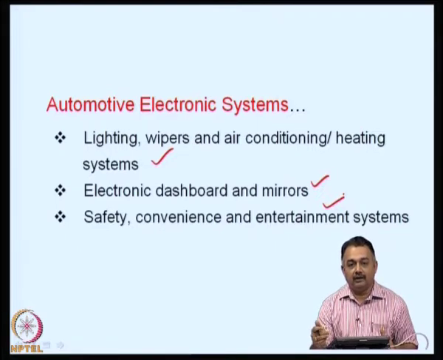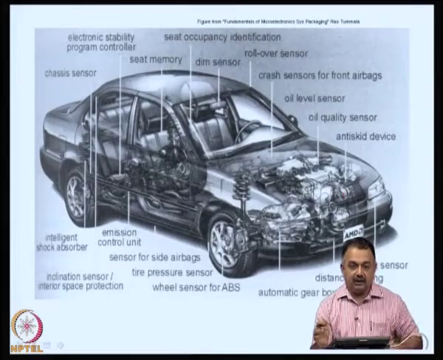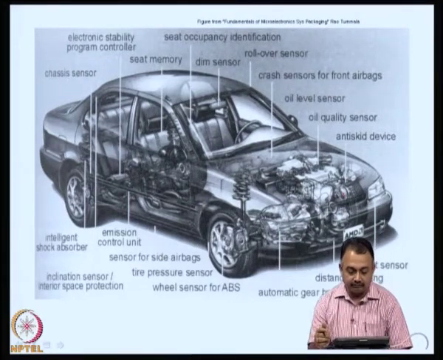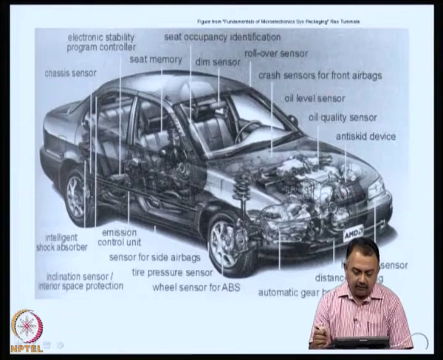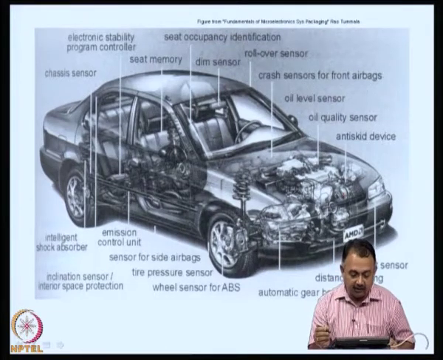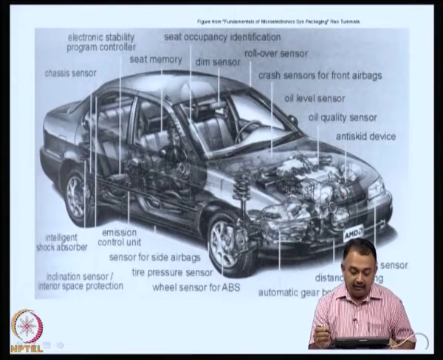So, we are looking at a system which is very complex, where our electronic package or system level boards must perform reliably. This is an example, as you can see here in this figure. This is an example of the places or locations where you will find electronics, and where the automobile manufacturers need to build systems which are reliable.